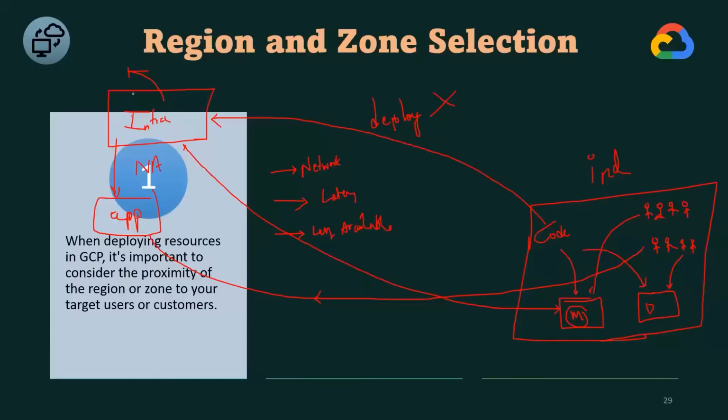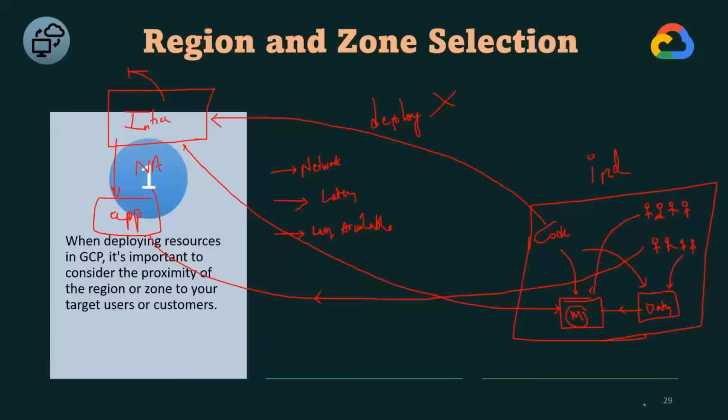For the application to get the data from there, there will be a lot of latency, right? If you are trying to move the data over the network, it takes a lot of time. So to decrease this network latency, if you have your application here and the data also here, then it's easy to manage it.